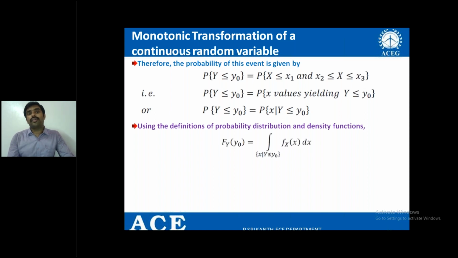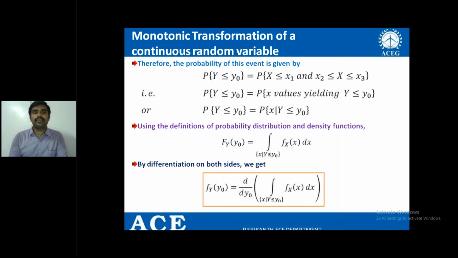But how? Fy of y naught is equal to integral. So it is not related to only one element. Therefore, I can say it as integral over x given y less than or equal to y naught of fx of x dx. It may be addition of more integrations, right? And to find the density function, if I know the distribution function, I know how to find the density function.